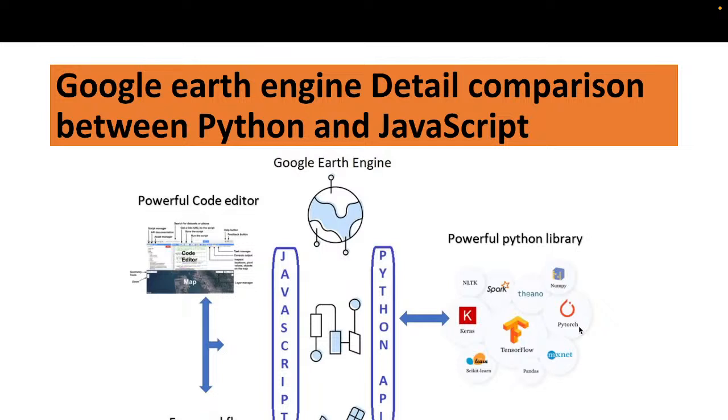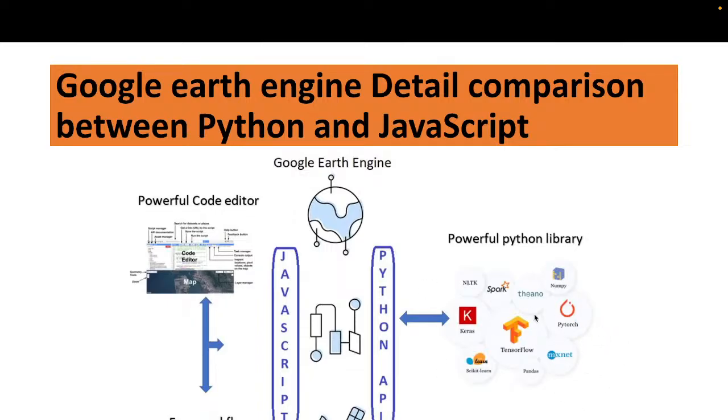When you start learning, I suggest first of all you try to learn JavaScript, then move to Python, then move to R. Because Python has a lot of powerful libraries, further you can easily connect this type of library in Google Earth Engine, and also do different types of remote sensing analysis.